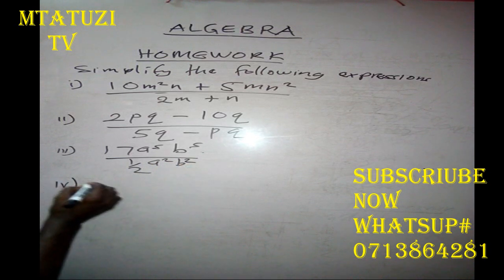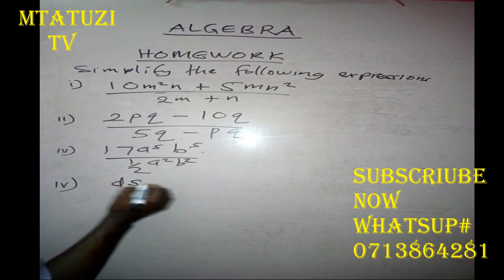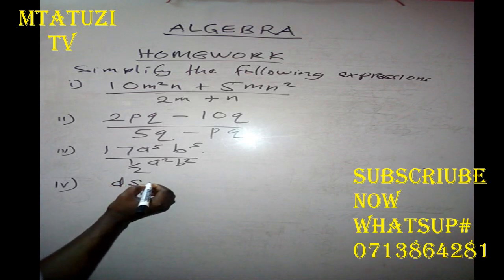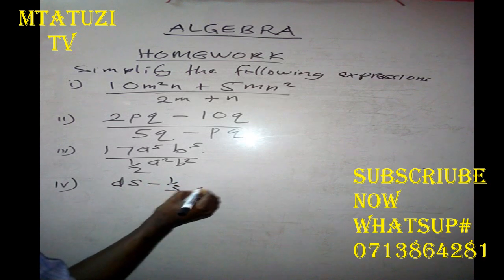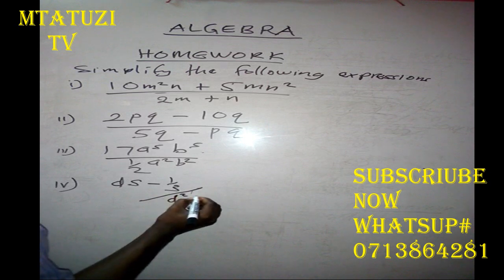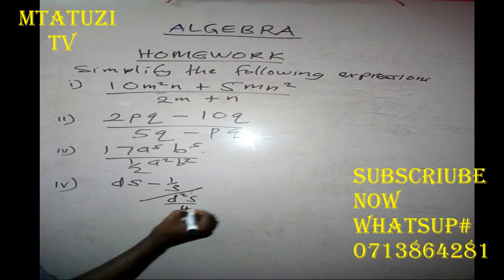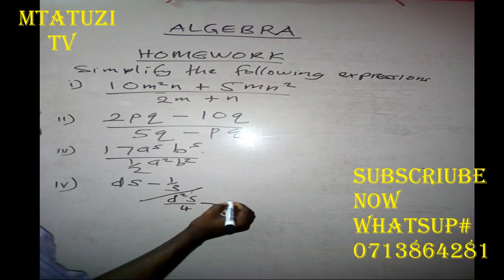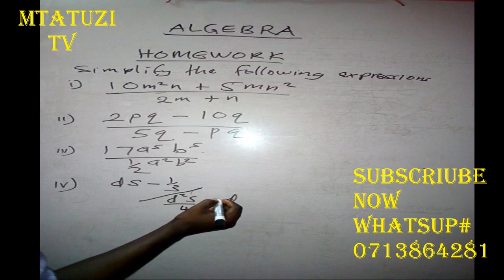Number four, you are given es minus 1 over 3, the whole of this divided by e square s over 4 minus e over 12.